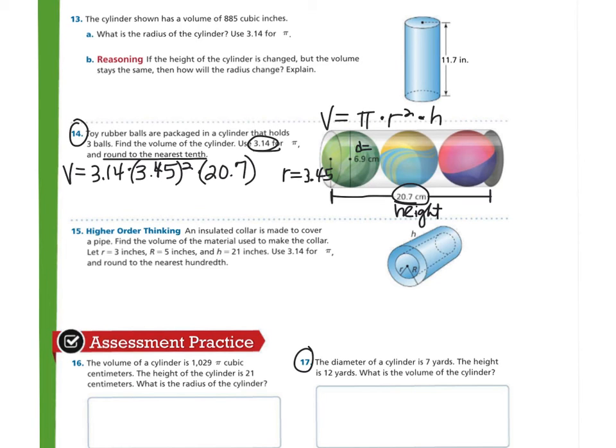So here we're going to multiply pi times 3.45 squared times 20.7. So the first thing you need to do is square the radius, which means 3.45 times 3.45. Okay, do that first. Then you can multiply by pi, and then you can multiply by the height.